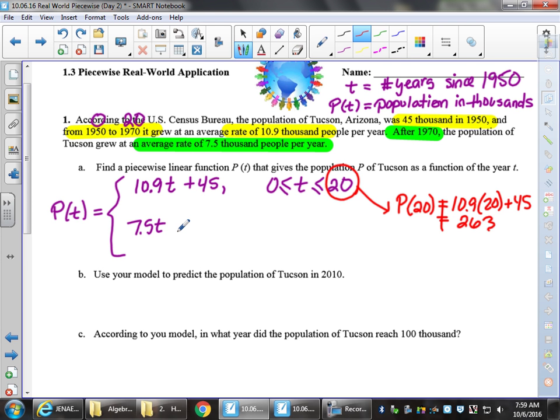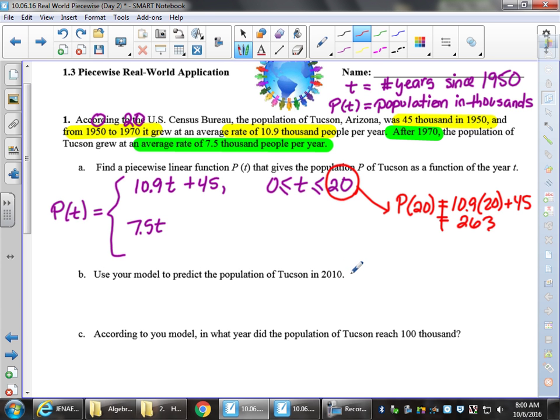If 20 years has gone by, that would be plus 20 or minus 20. Minus 20. It's past. Let me say that again. 20 years has passed, correct? It's 20 years from 1950. It's 20 years ahead of 1950.